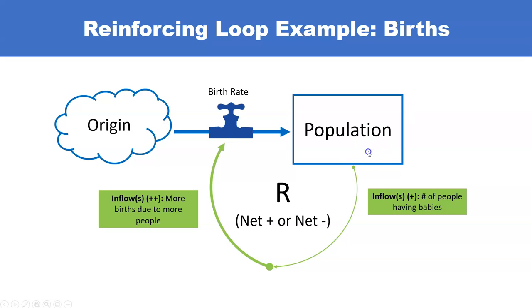You could see, for example, a population inflow is affected by the number of people having babies. I've denoted this with a thinner line, so you can see that it amplifies, it gets thicker as we go along. In this case, the net effect is that as people have more babies, those babies grow up and they also have more babies, they increase the birth rate. So you have an increasing population in this case.